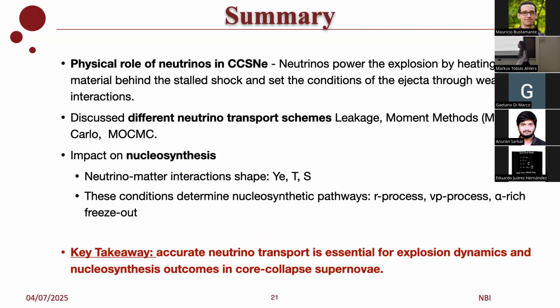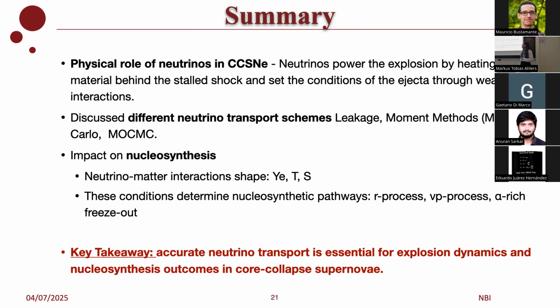With that, I'm going to put up my summary and say that there are different neutrino transport schemes. Some work in one region better than in another. We're still trying to take into account neutrino-neutrino interactions and how they would affect things. We're still trying to figure out how including different neutrino interactions can affect explosion dynamics and explosion ejecta.